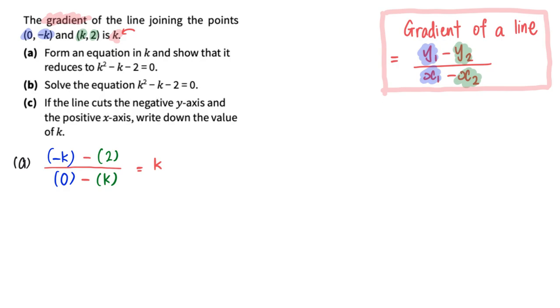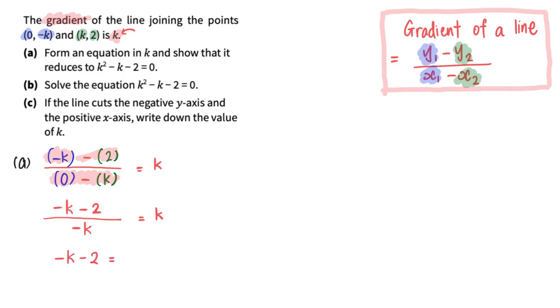So at the top here, negative k minus 2 is simply negative k minus 2. As for the denominator, 0 minus k will be negative k. This one will be equals to k. And after which I'm going to multiply negative k on both sides such that I would have this.